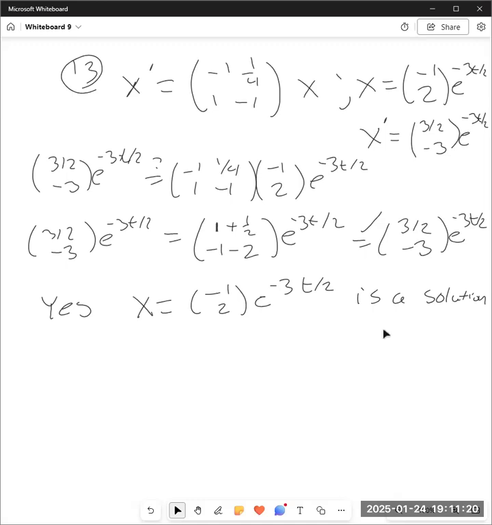We're going to do the same thing here, but we're going to get a capital X sub c and a capital X sub p, and we're going to add them together to get the total solution as needed.